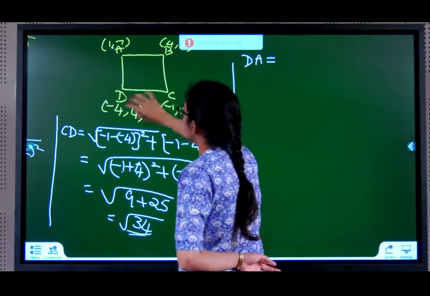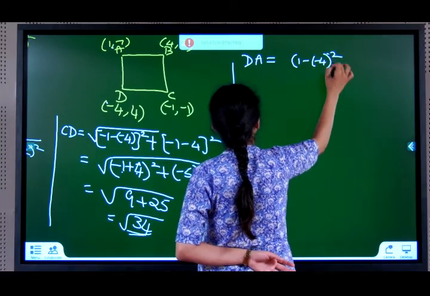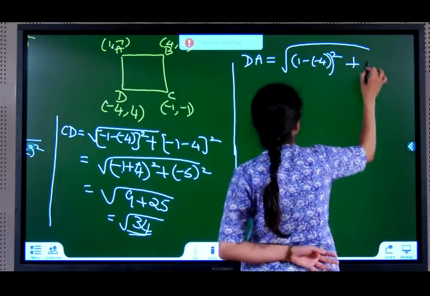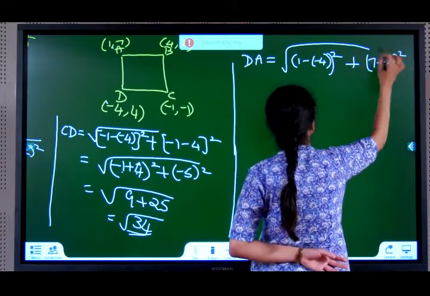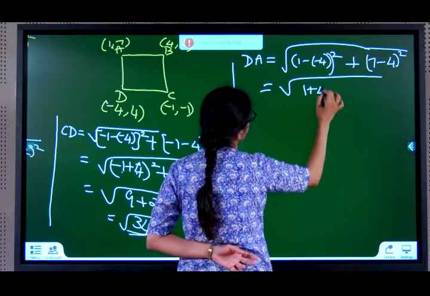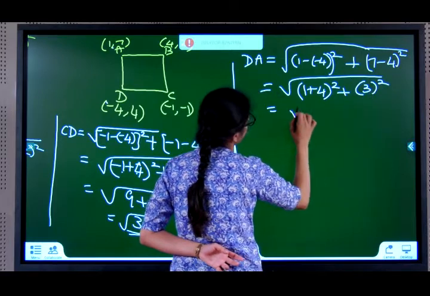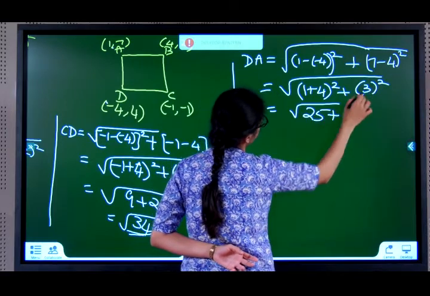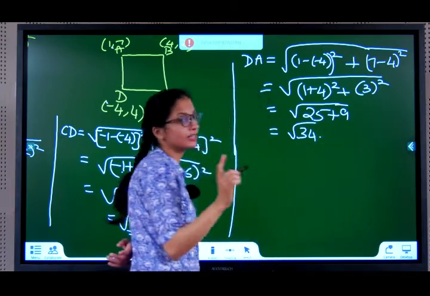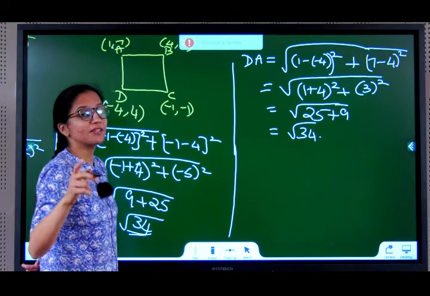So (1 minus (-4)) square plus (7 minus 4) square, root of (1 plus 4) square plus 3 square, 5 square 25, 3 square 9. Again root 34. All sides are equal. First condition of square satisfied. What is the next condition? Check if the diagonals are equal.